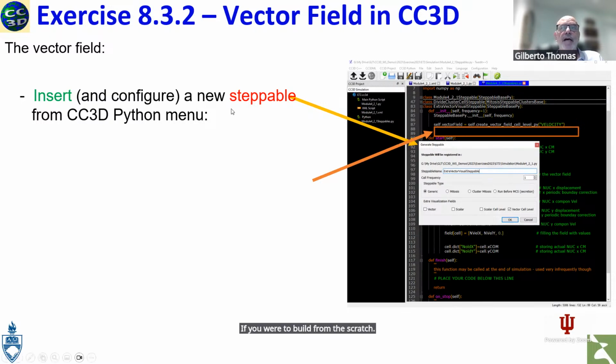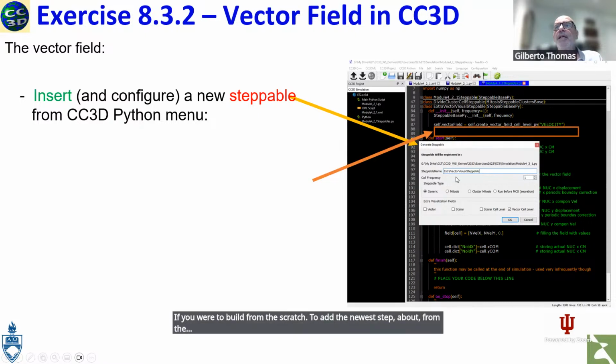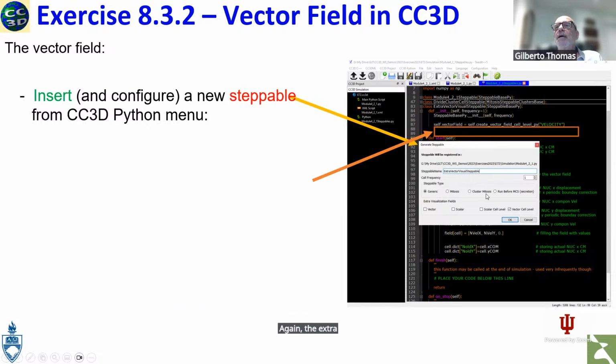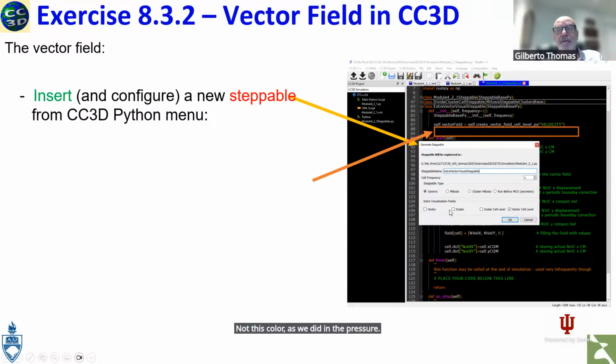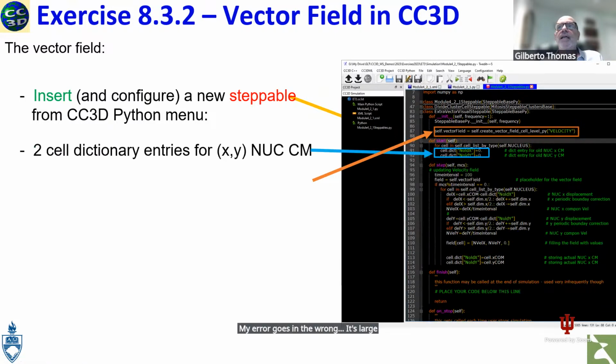To add a new steppable from the Python menu, and now call again the extra visual steppable, but here in the choice of what kind of field you have, you have to choose the vector cell level option, not the scalar as we did in the pressure example. Yeah? My error goes in the wrong slide. Now here is the correction.